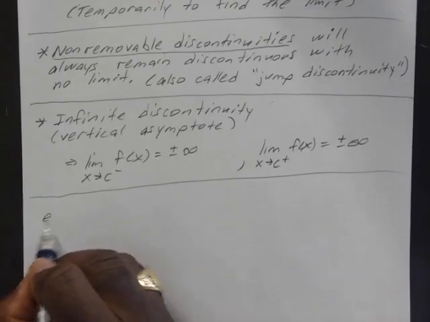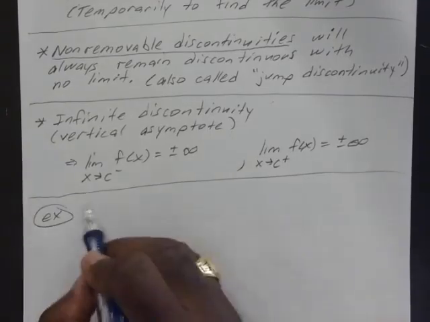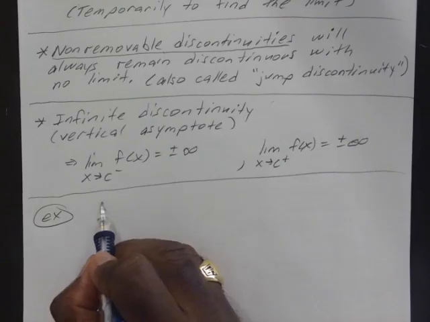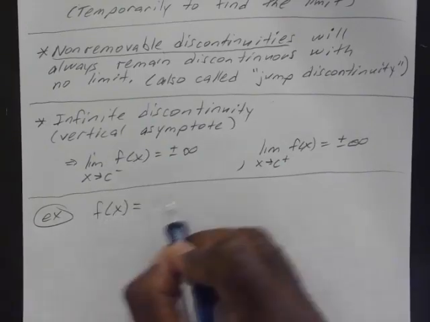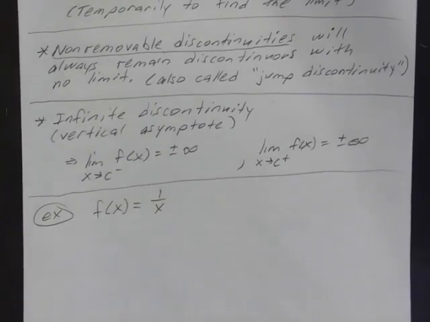Okay, so let's say, for example, we have f of x is equal to 1 over x.